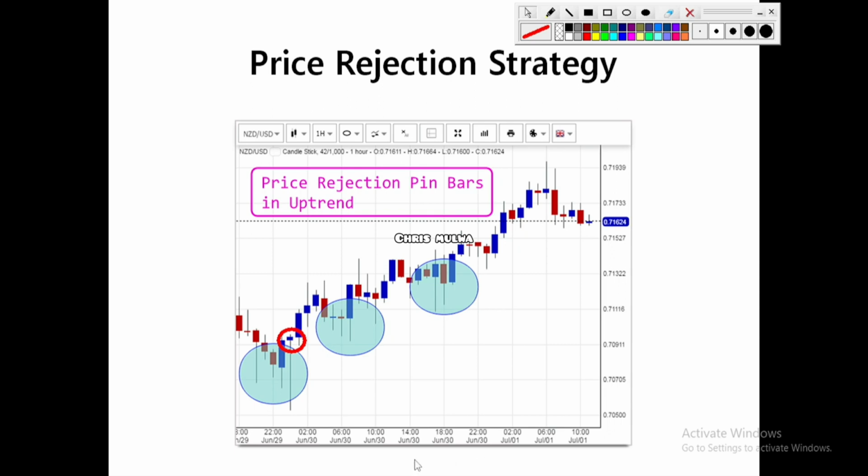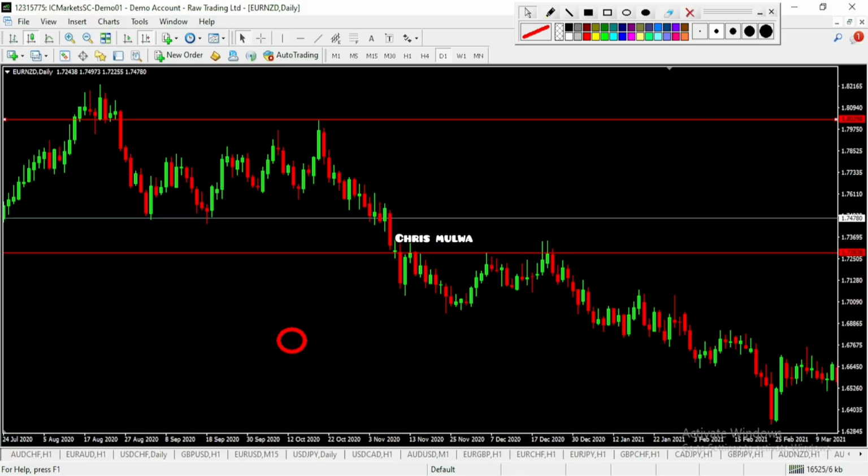Oh, before I forget, after the doji you can place your sell. Let me show you. Sell, sell, sell. So there are so many indicators of sell.